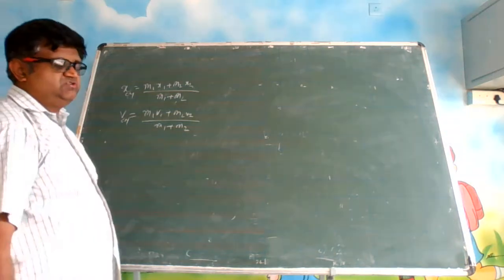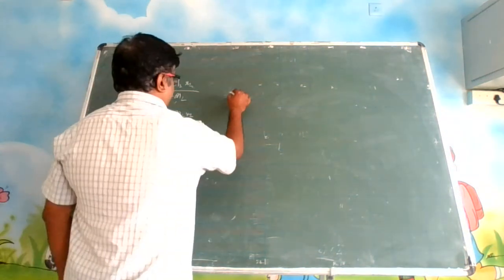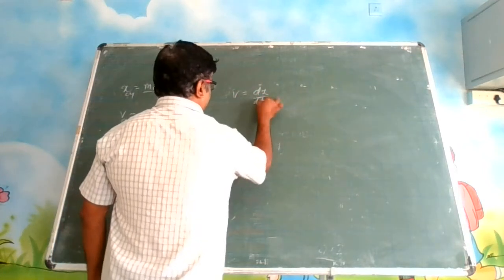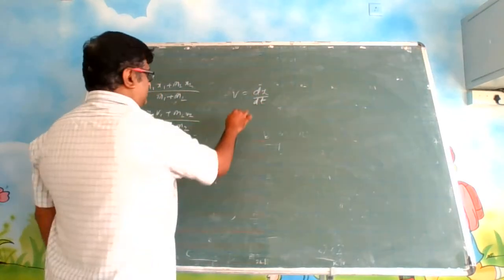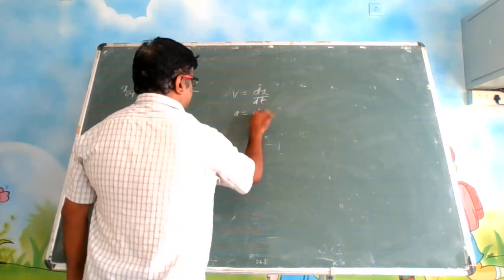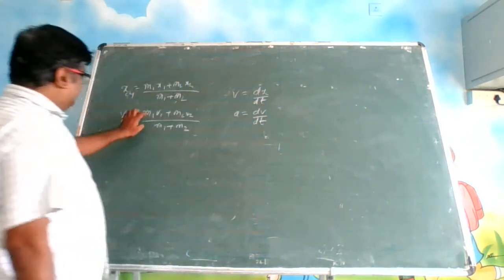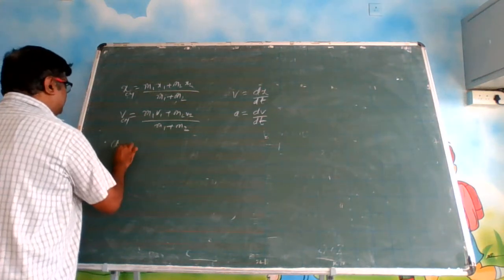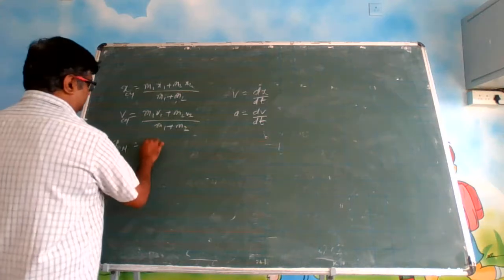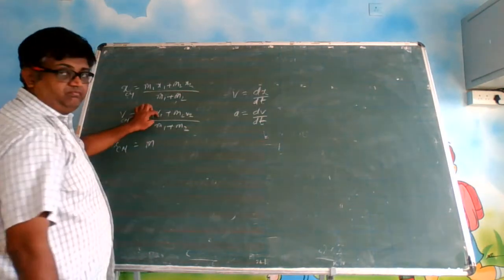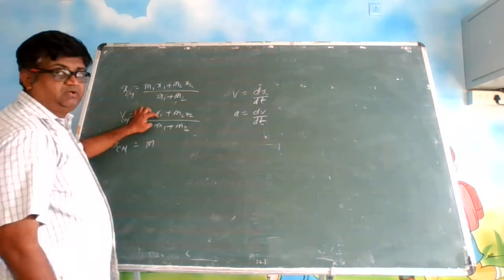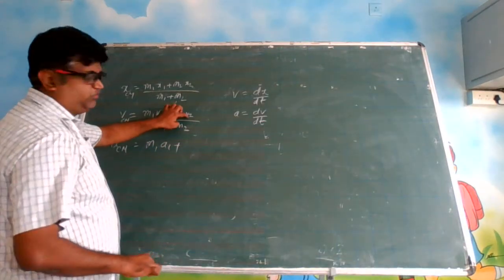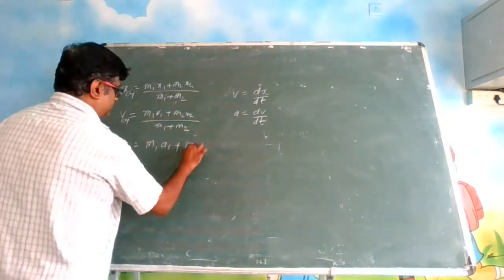Differentiating means rate of change. Velocity is the rate of change of displacement. If you differentiate v, you get acceleration, the rate of change of velocity. So if I again differentiate this, what am I going to get? Acceleration of center of mass: differentiate v1 with respect to time, you get a1; differentiate v2 with respect to time, you get a2.